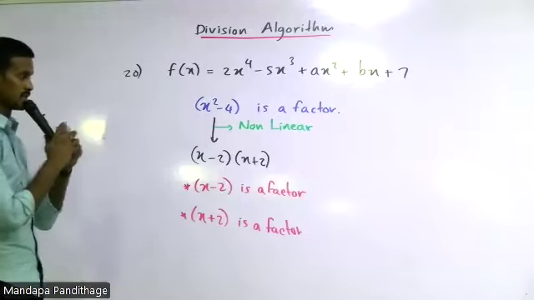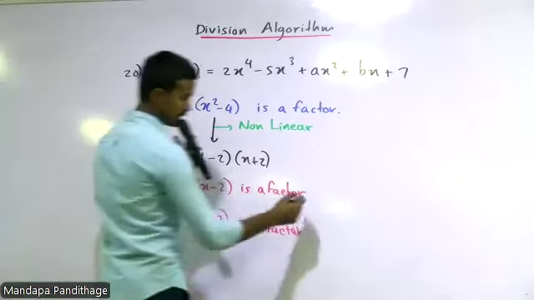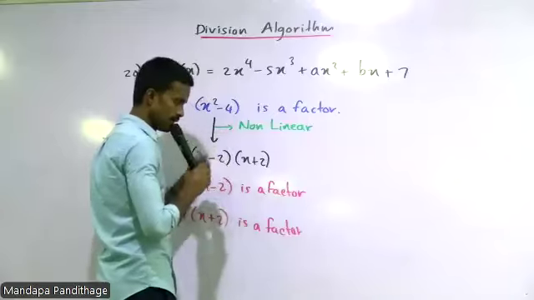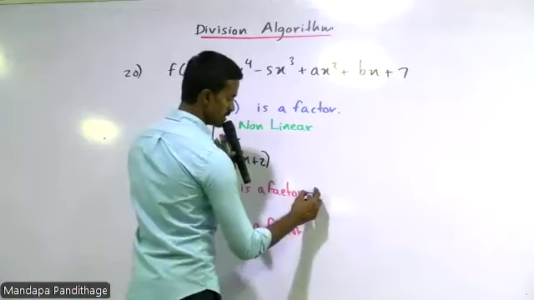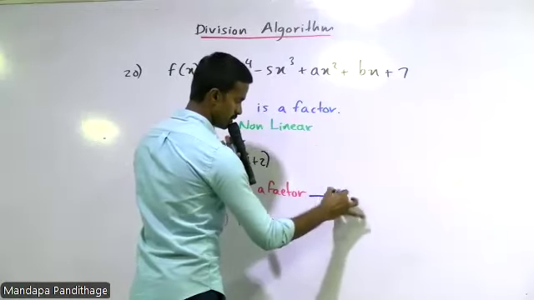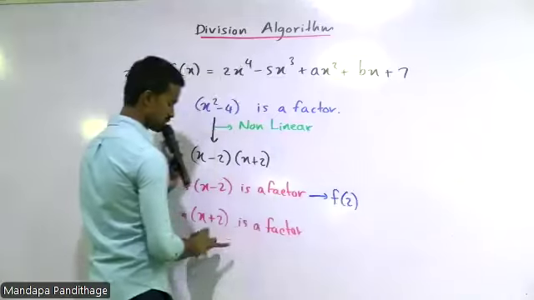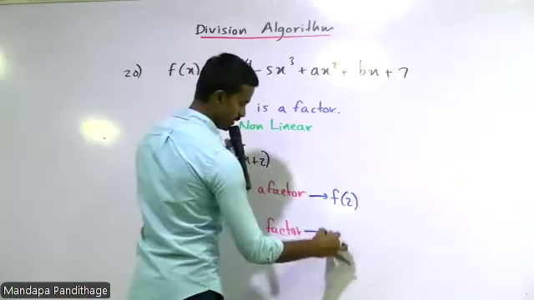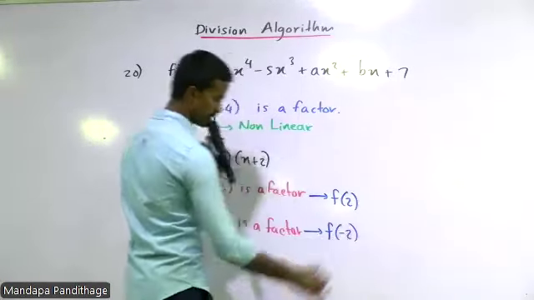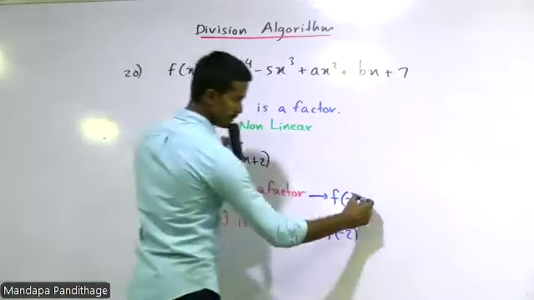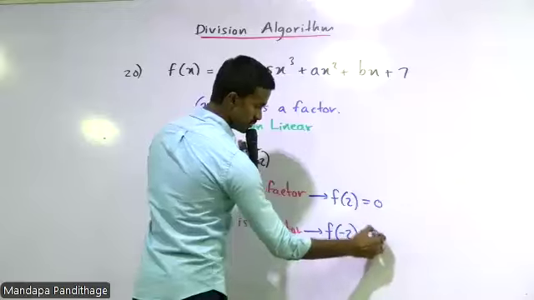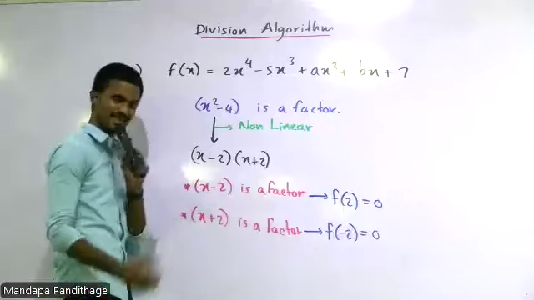So when you have x minus 2 is a factor, you can directly write f(2) equals 0. If you know x plus 2 is a factor, then you can write f(-2) is equal to 0. So then you can consider these two. You are getting the same equation.